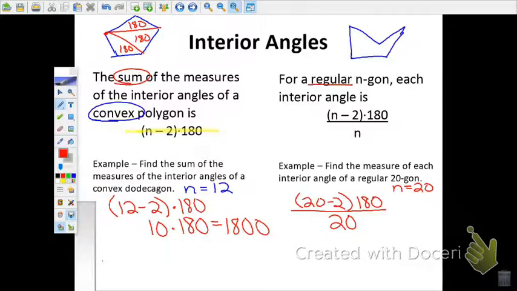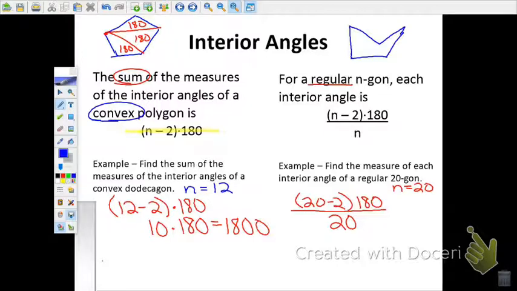Common mistake that we see when we get lazy and don't want to plug everything into the formula is we do that n minus 2 in our head and just put 18 times 180. But what often happens then, because we write 18 in the numerator, we also use 18 in the denominator, which is not correct. So again, you want to plug everything into the original formula, and then we need to work it out.